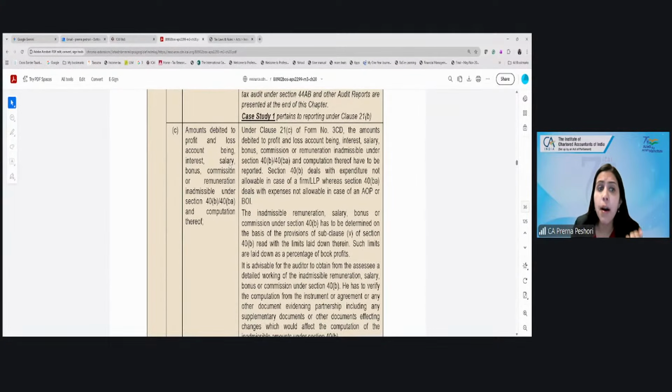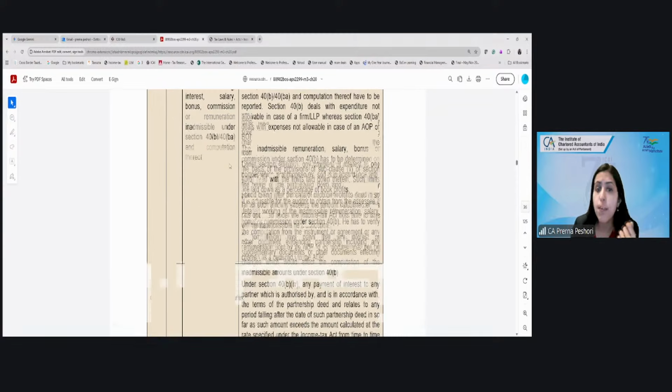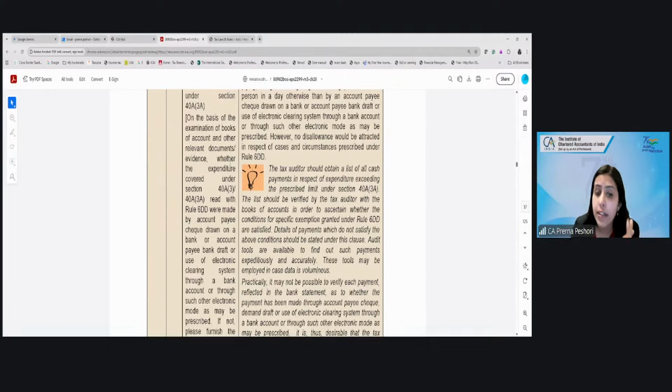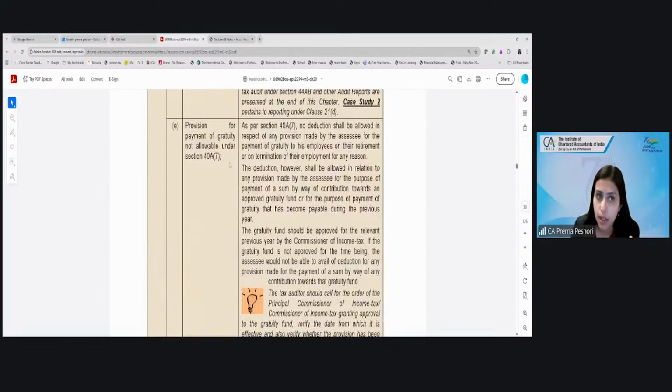Then C is the amount of the bonus, salary, commission, remuneration, interest, which is inadmissible under 40B or 40BA for the partnership firm or the AOP or BOI. Then disallowance under section 40A(3) or 40A(3A). 40A(3) is with respect to the cash payment of more than 10,000 other than rule 6DD. 40A(3A) is that any opening balances of liabilities which are now paid in cash will be considered as your deemed income.